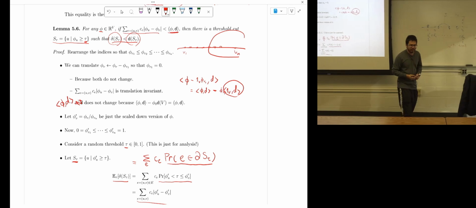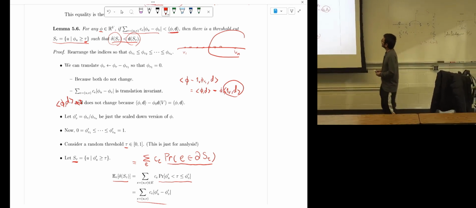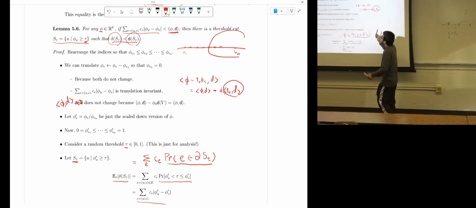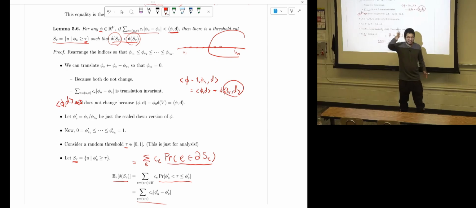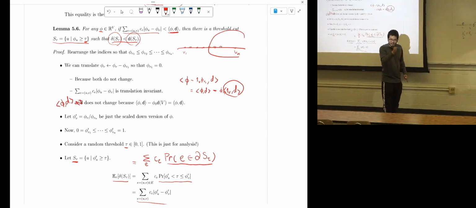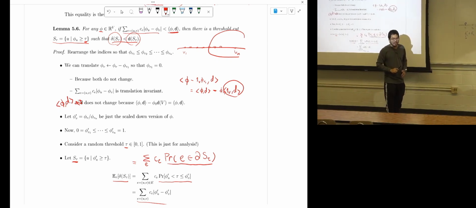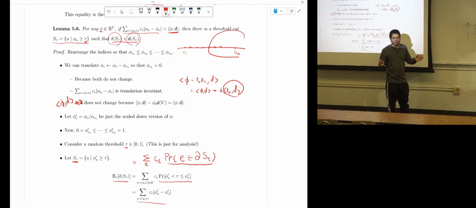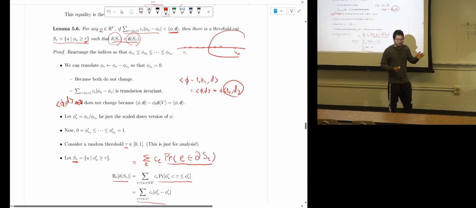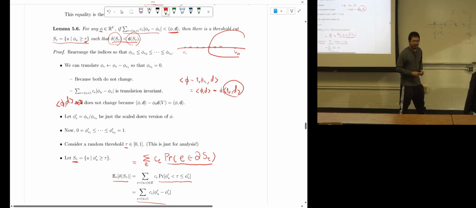Good. Okay. So back to this, we now know that there is some threshold cut that is a violating cut. How to find it fast? How would you find it fast? If I promise you that there is a cut of this form, how to find it in linear time?